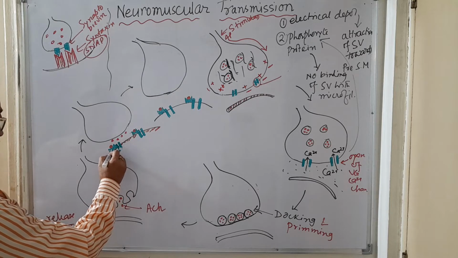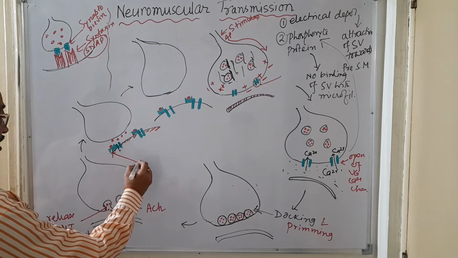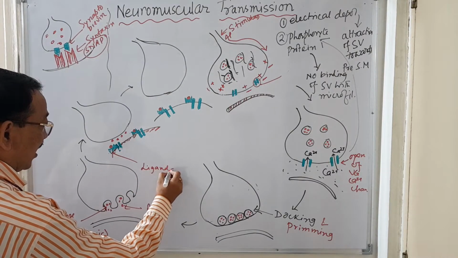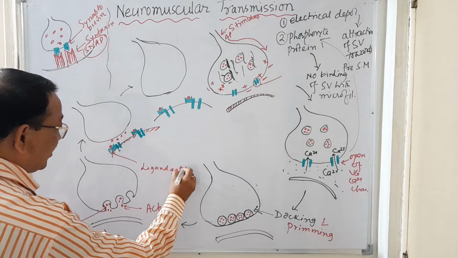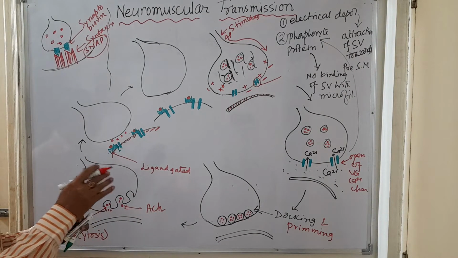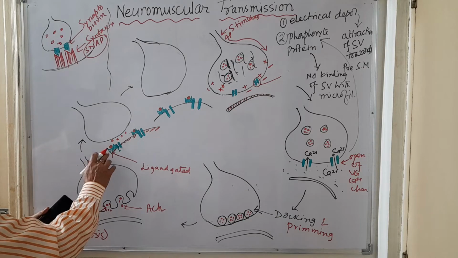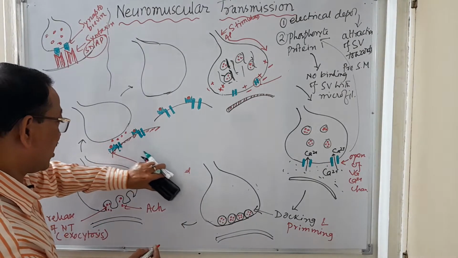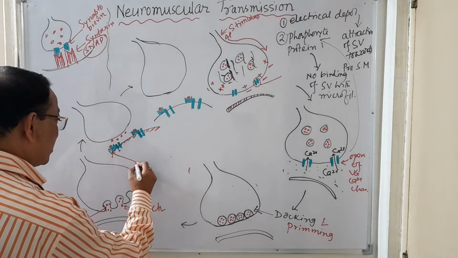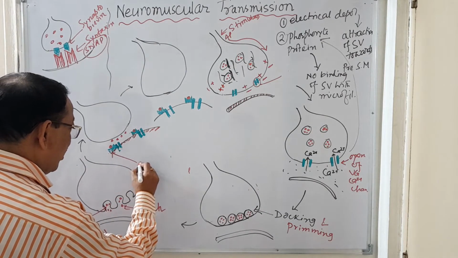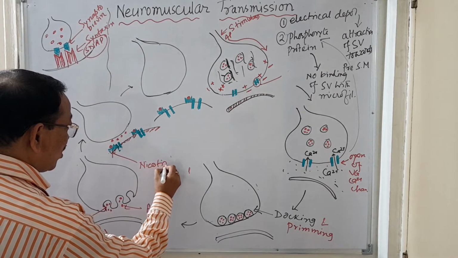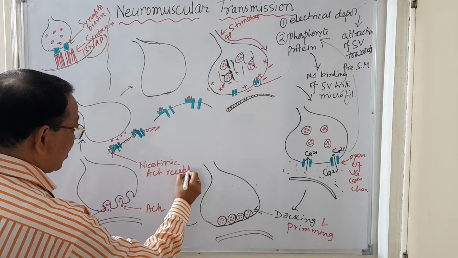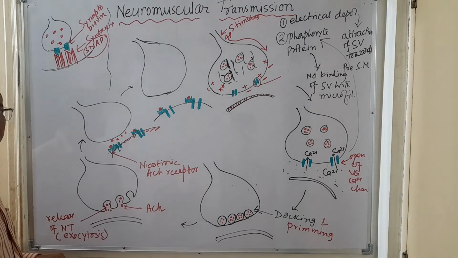On the muscle membrane, there are some receptors which are known as ligand-gated receptors. These have the ability to bind with chemicals. These receptors are known as the nicotinic acetylcholine receptor.